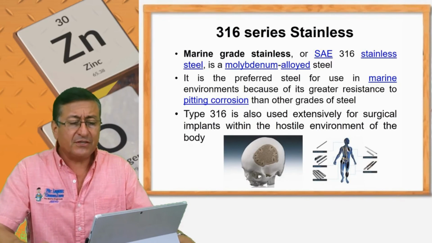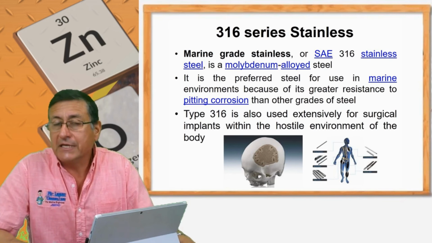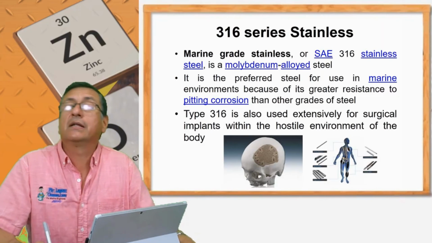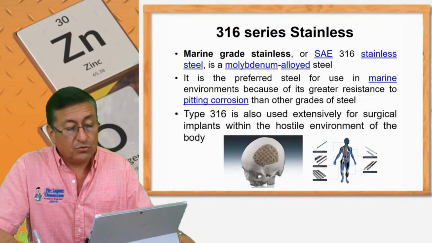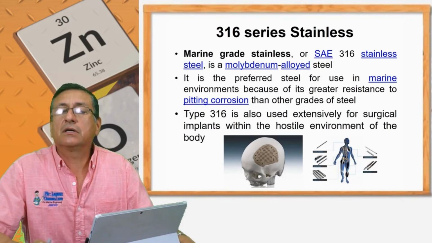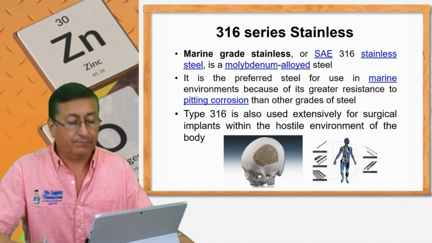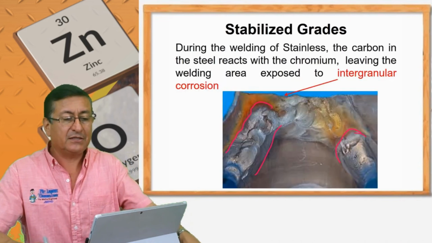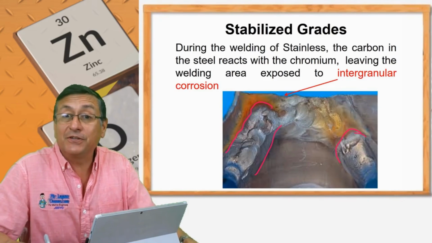The type 316 is also used in surgical implants. Exactly the same, you remember with titanium? This one, the 316, is used in plates for fractures. Don't forget that. You remember this intergranular corrosion?